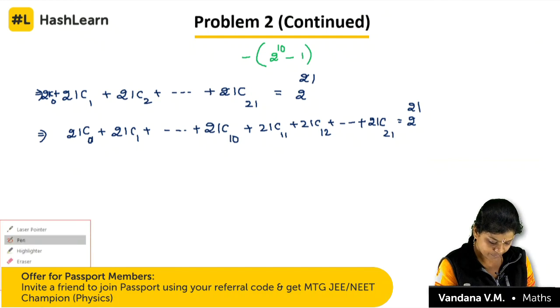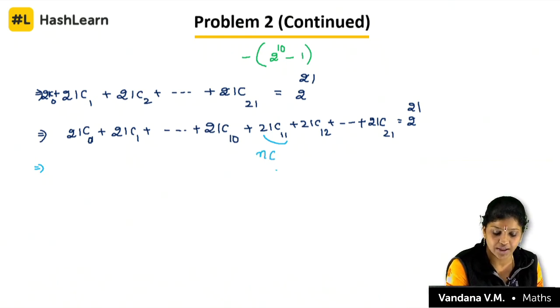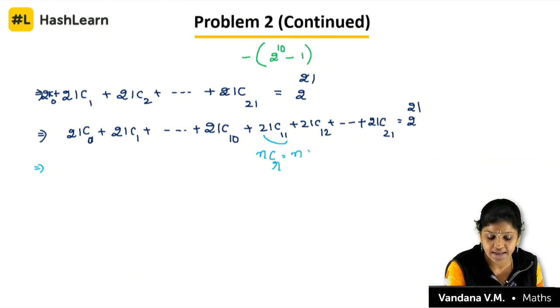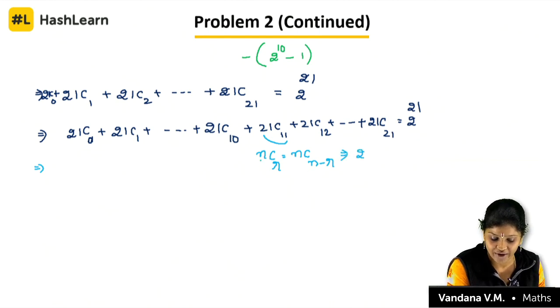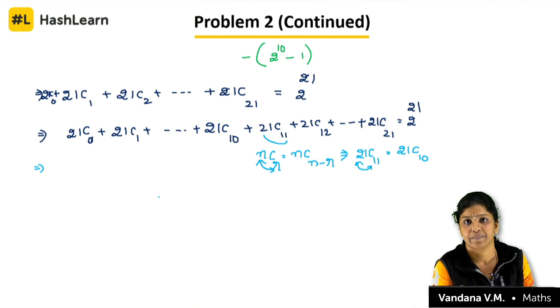Now, children, look at here. This can be written as, we learnt in the first class itself, NCR is equal to NC(N minus R). We learned this. So, according to this, what are we doing? We are subtracting. So, 21C11: subtract 21 minus 11, what we will get? We will get 21C10.